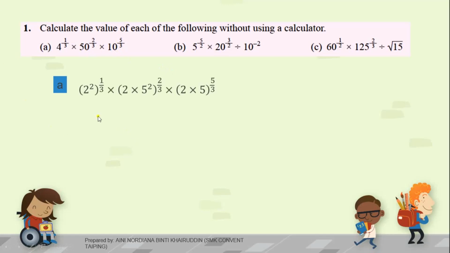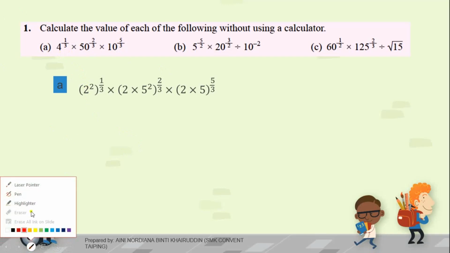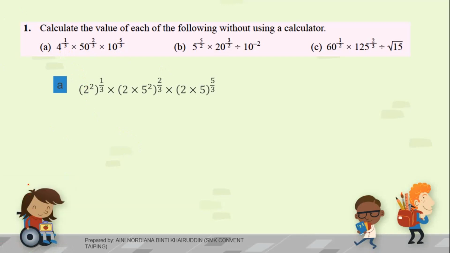So I change 4 to 2 square. Let me use my pen so you can see better. So 4 here, change with 2 square.